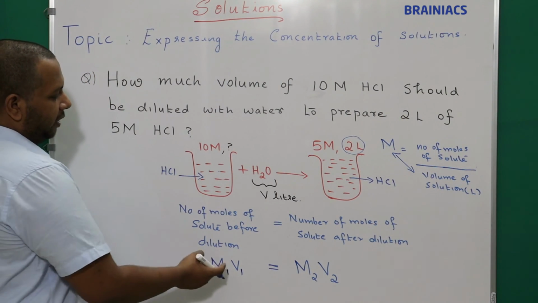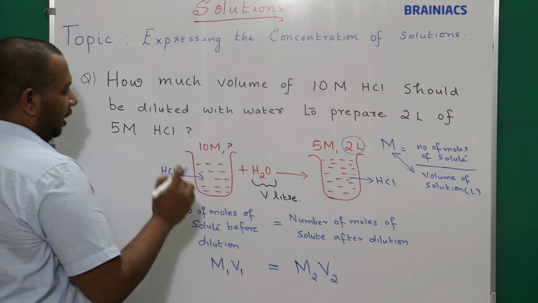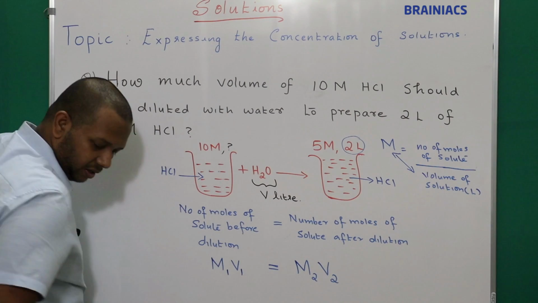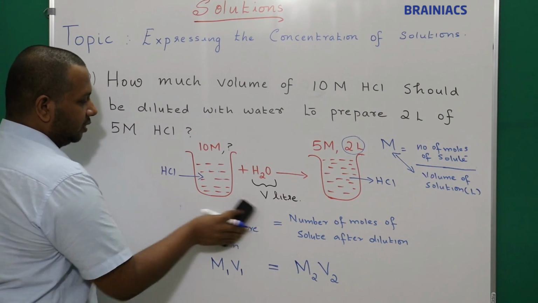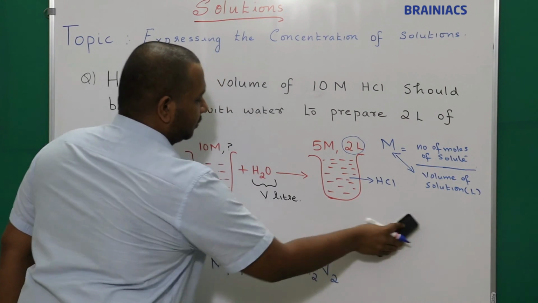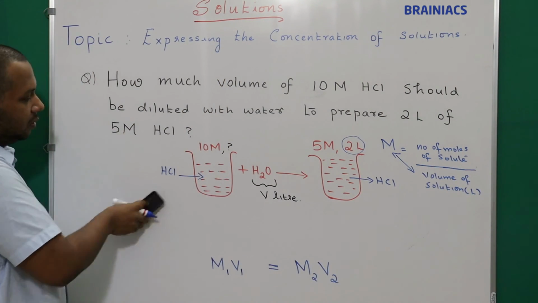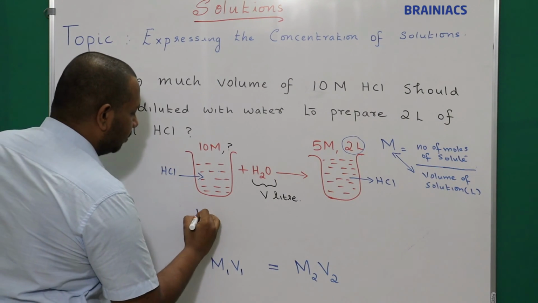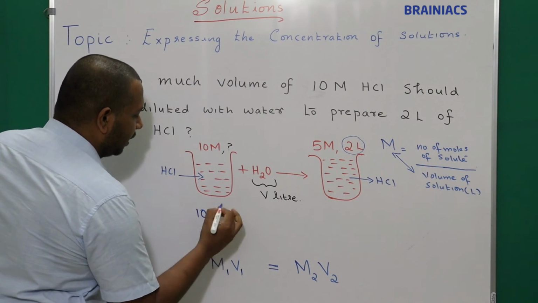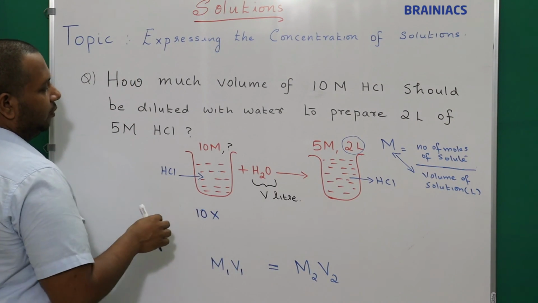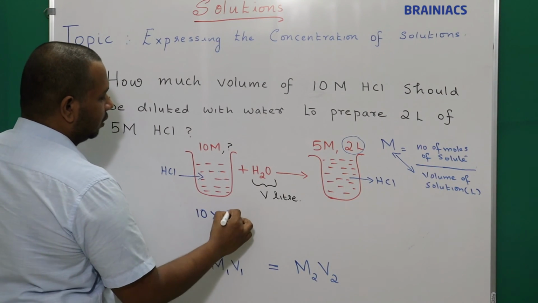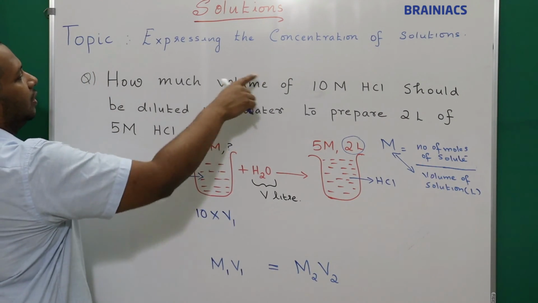Now you apply here: what is molarity M1? I know it is 10 molar. I will write it here so that it will be easy for you to see. So 10 molar multiplied by V1. I don't know V1, this is what I need to find out, because they are asking how much volume.